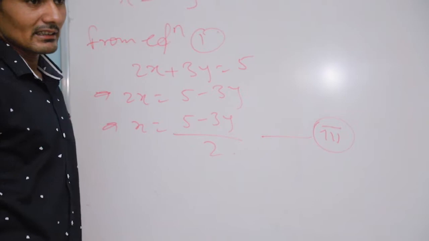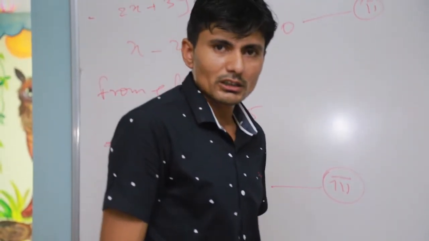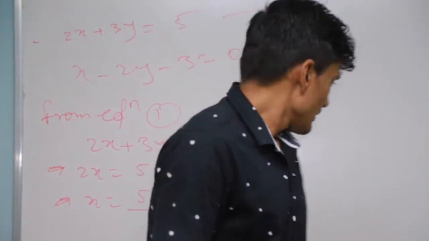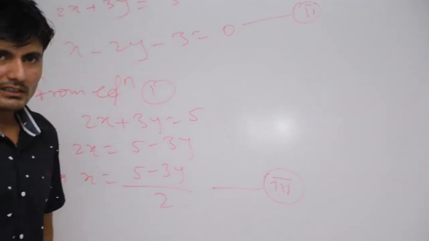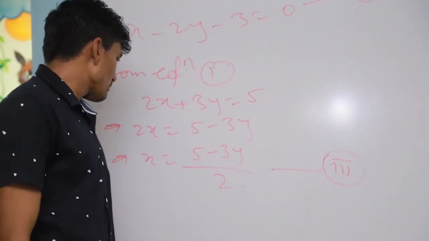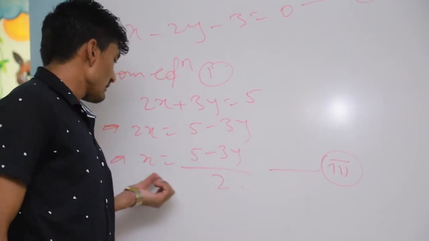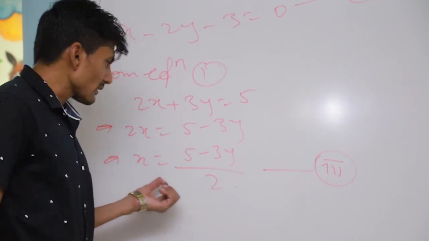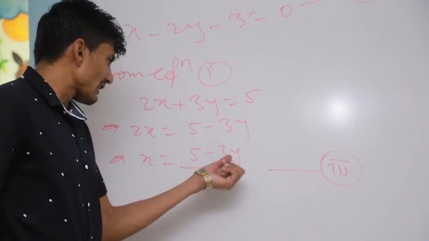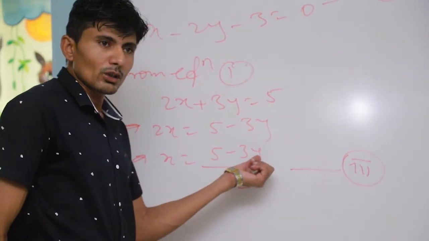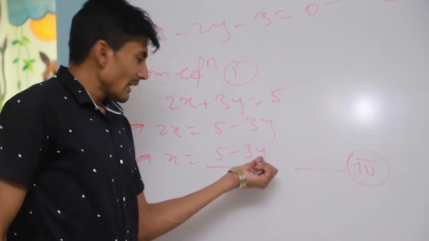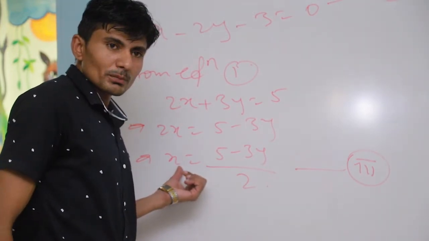We can take anything, like 0, minus 1, minus 2, minus 3, minus 4, plus 1, plus 2, plus 3, and put that value in equation number 3, and then we will get the value of x. That means we take different values of y and we get different values of x.